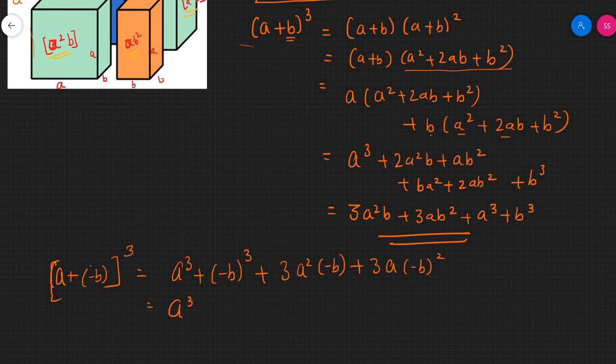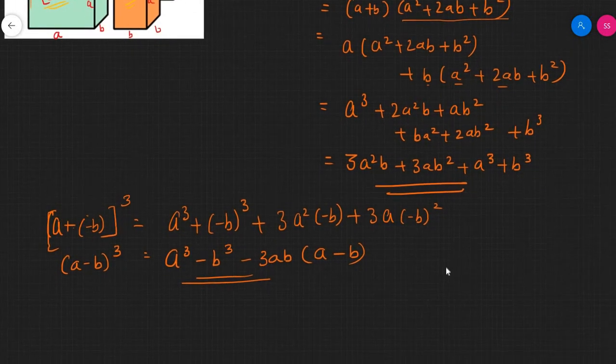That would be a cube minus b cube. You can take minus 3ab outside, and what you will have is into a minus b. So that's an expression for a minus b the whole cube, which is also something you should know.